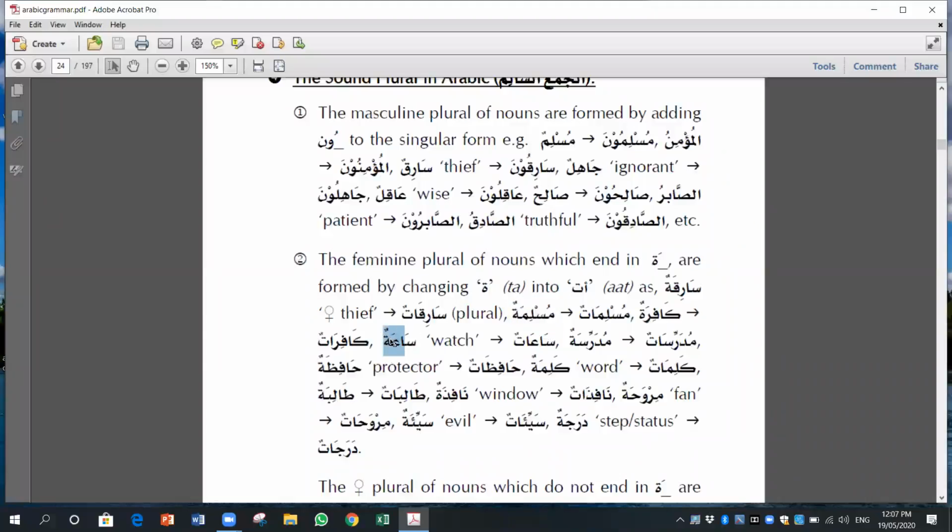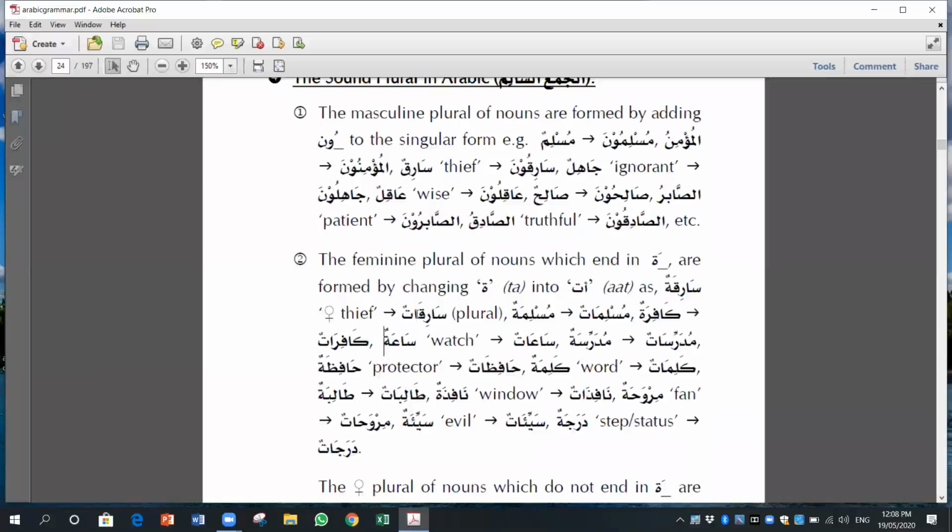So all these mu'annas who have this ta at the end, how will we make them plural? This ta marbuta will be converted to the longer, regular ta, with an alif before it. It's like sariqatun and sariqatun. We prolong it due to the alif.